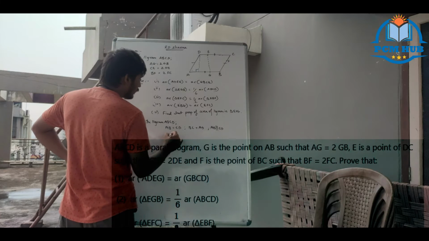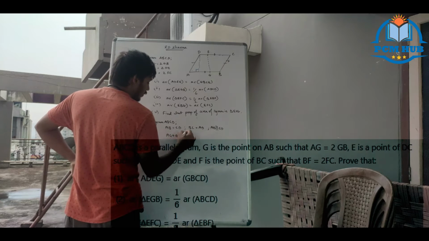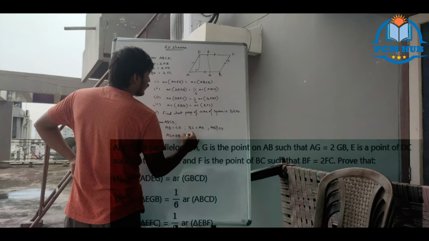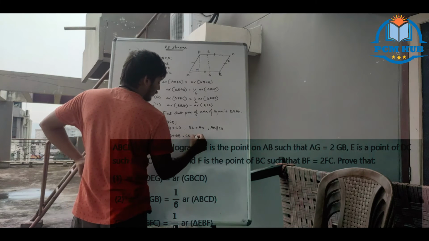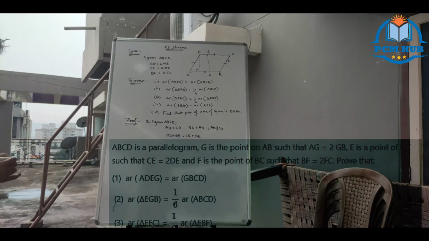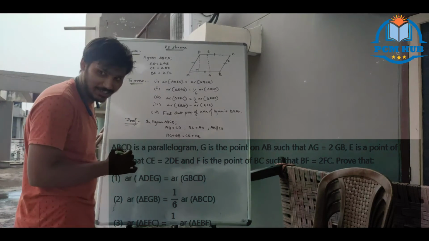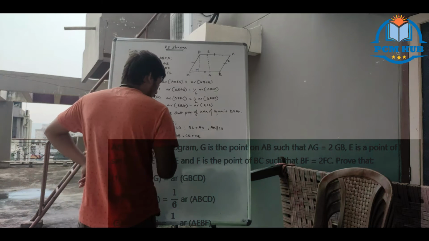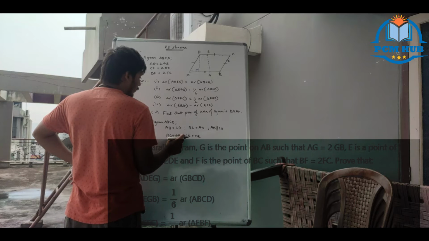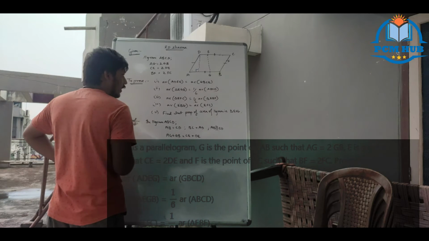This AB you can write as AG plus GB, and CD you can write as CE plus DE. Right? Yes or no? Yes. Very good. And this GB you can write in terms of AG, right?